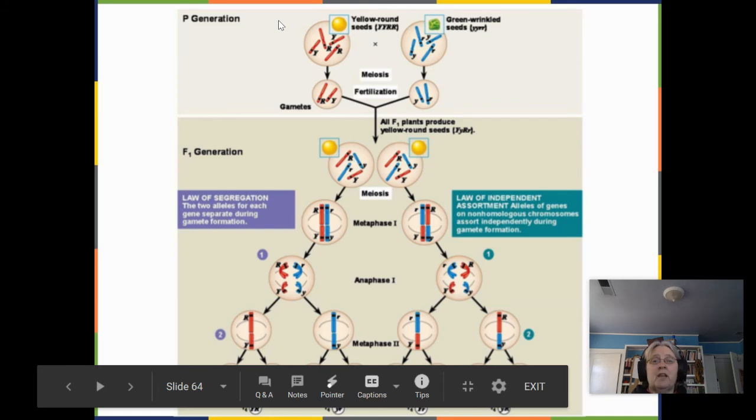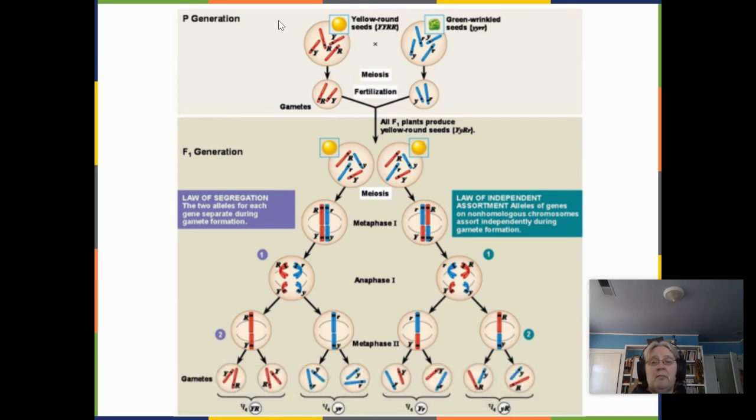All right, so this is the same picture, only it's showing us the second anaphase as well. So what happens as we go through the law of segregation in anaphase 1 and law of independent assortment in metaphase 1? Well, at the end of the day, we have our 4 different types of gametes that are produced.